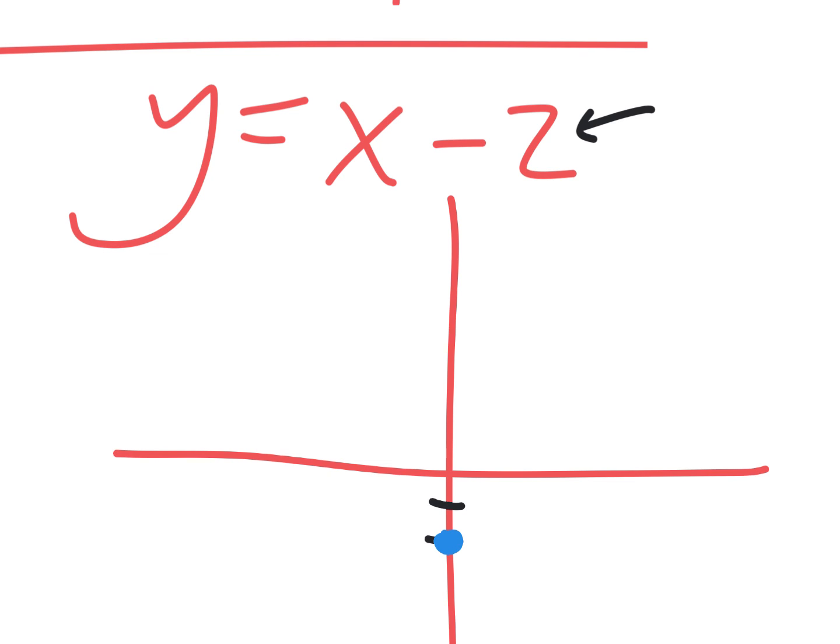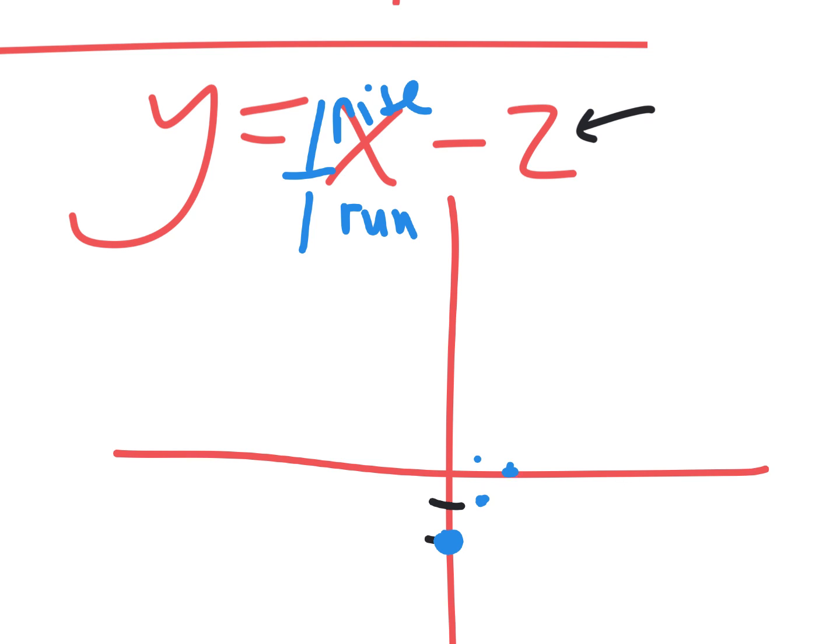Then, this doesn't have any numbers, so I'm going to help. I'm going to put 1 over 1, because that's the same thing as 1, and you can always put a 1 in front of something that doesn't have any coefficient, it's called. So now, I know I'm going to rise and run. 1 rise, 1 run. So every time you go up 1, you go over 1.